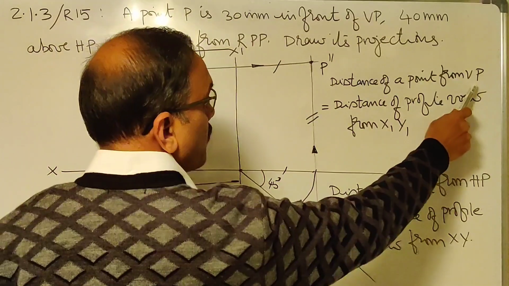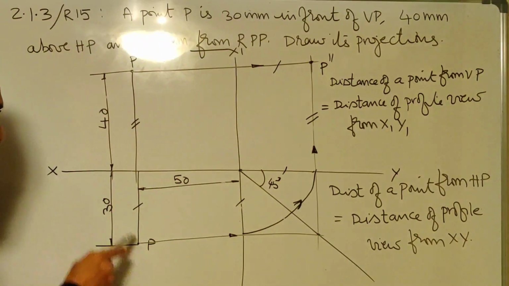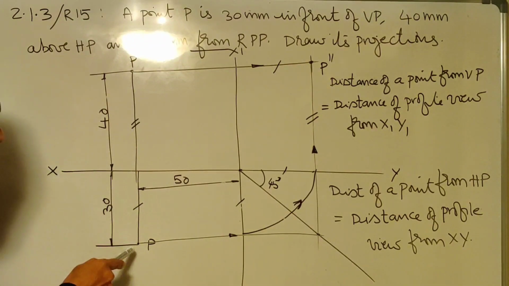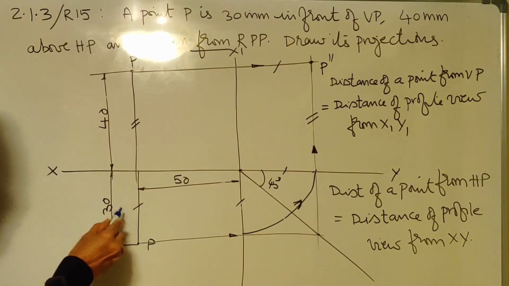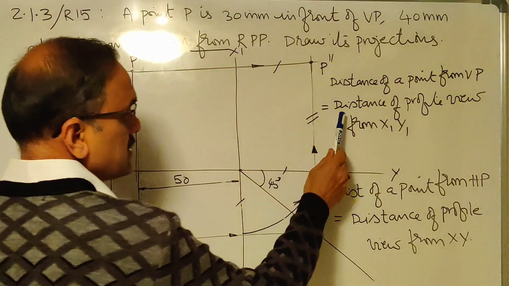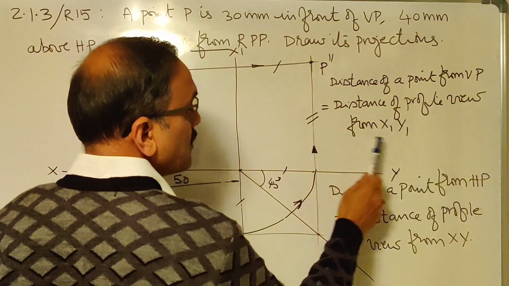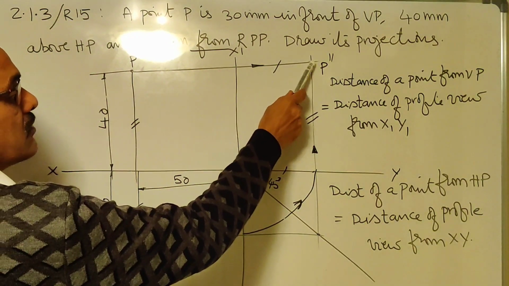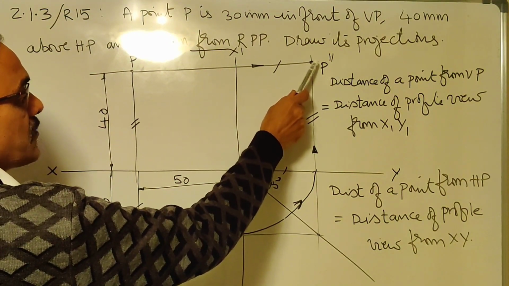Distance of a point from VP. This is the distance of the point from VP, 30 mm in front of VP. Point P is 30 mm in front of VP. So I have put a single dash here. This distance, the statement says, is equal to the distance of the profile view from x1 y1. Where is the profile view? This is the profile view. And what is its distance from x1 y1?